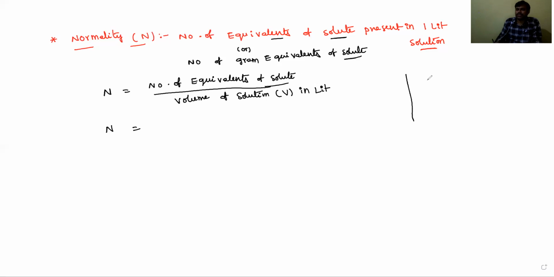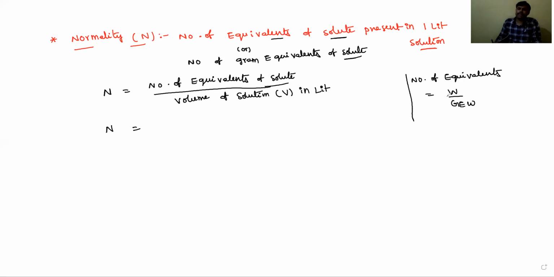We know that, dear students, the number of equivalents we already studied in first PUC in the redox reactions chapter. Number of equivalents is equal to weight by gram equivalent weight.